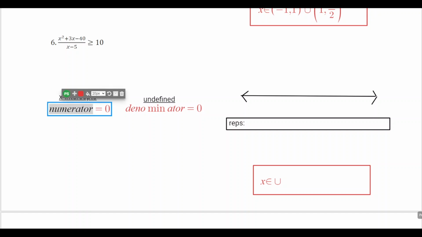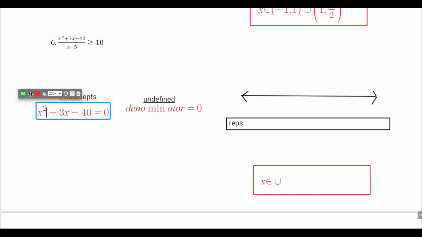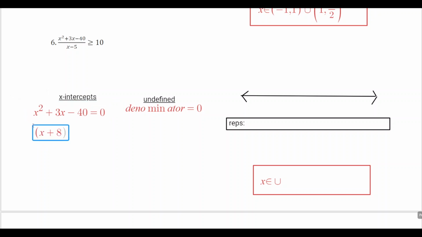So with my numerator being x squared plus 3x minus 40, we can factor that, and our two factors are going to be x plus 8 and x minus 5. So the two x-intercepts that I'll end up with here are -8 and +5.